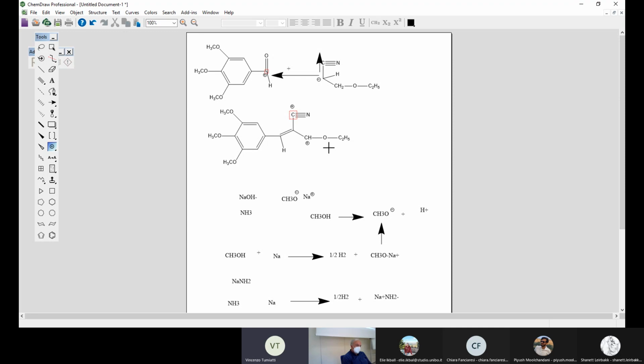If we react this compound with the guanidine, we can draw again, just a moment.